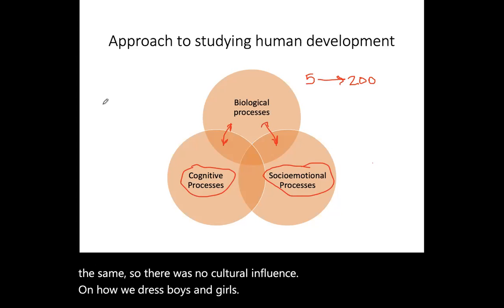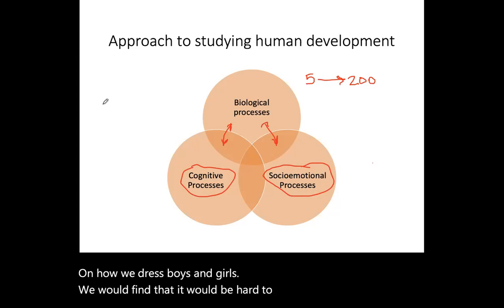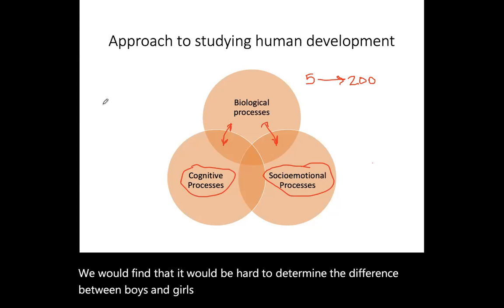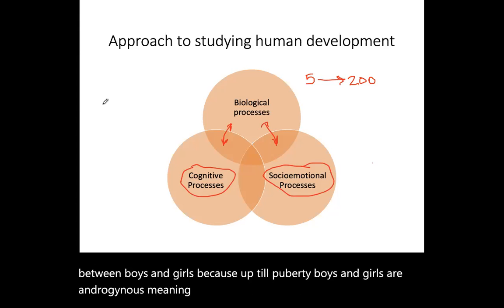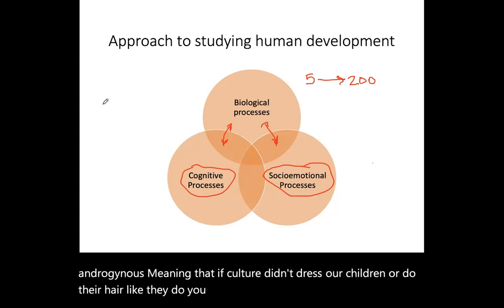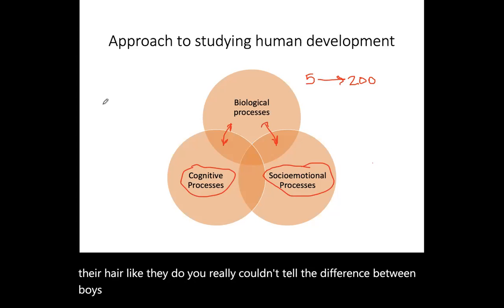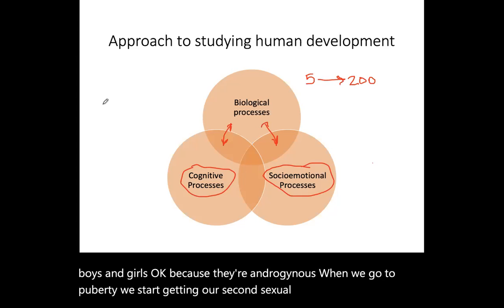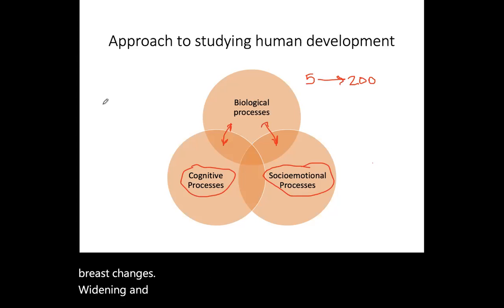We would find that it would be hard to determine the difference between boys and girls, because up till puberty, boys and girls are androgynous, meaning that if culture didn't dress our children or do their hair like they do, you really couldn't tell the difference between boys and girls, okay, because they're androgynous. When we go to puberty, we start getting our secondary sexual characteristics: facial hair, breast changes, widening, strength. That's when we start seeing differences between sexes, okay?